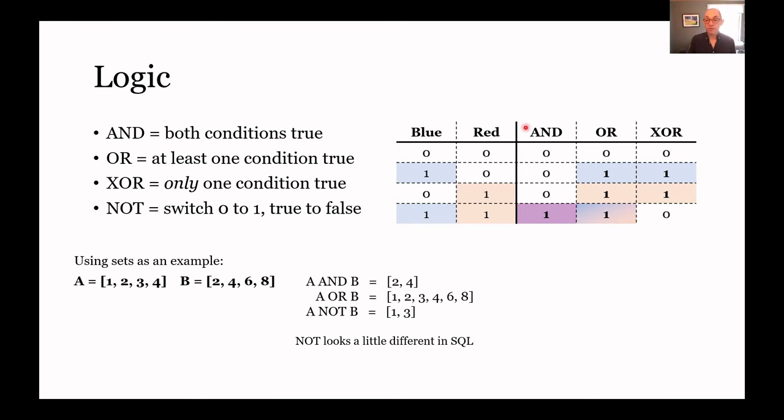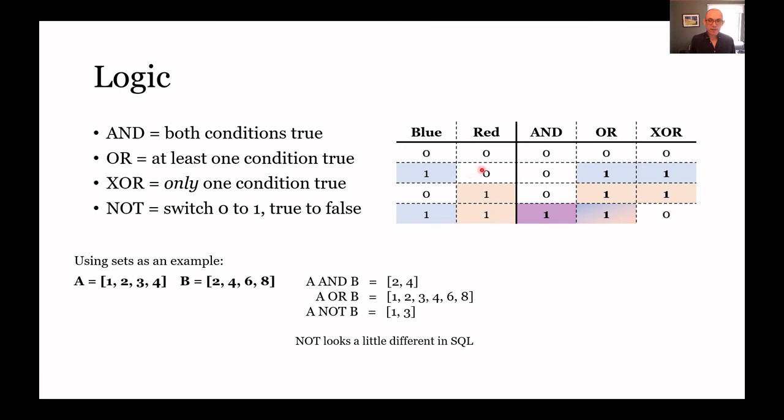No, we have neither, so we can't have both. In the OR column, do we have either a blue or a red? I don't care which, as long as we have one of them. We don't, so that's not true. Then there's the slightly more complicated one, XOR, exclusive OR. It asks, is one and only one of them true? Do we have a blue or a red, but not both at the same time? Neither is true, so that's not true either.